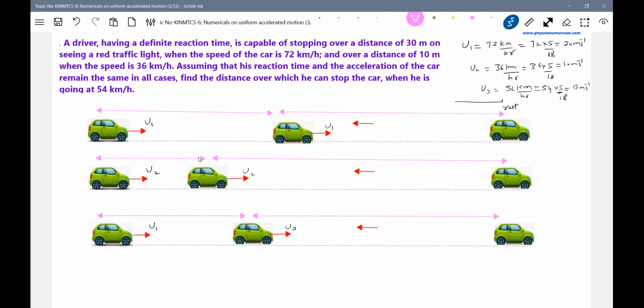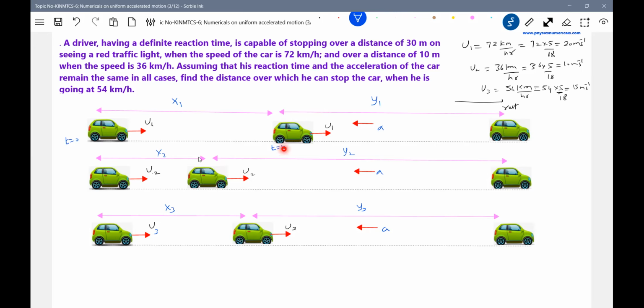What are the questions that are asked? So we know U1, U2, and let it be U3. This is the distance covered during that, X1, X2, X3. And let this be the retardation. The reaction time is the same for all, so this time will be the same.